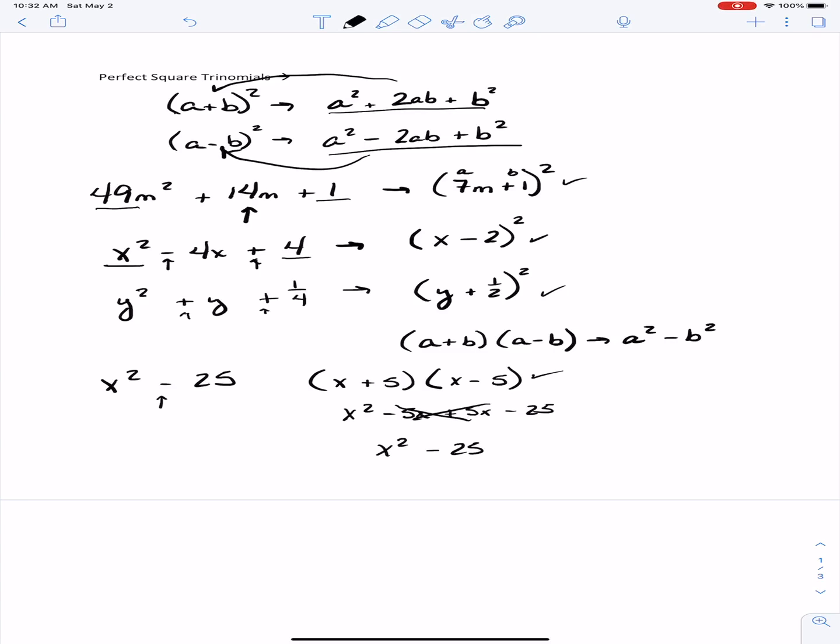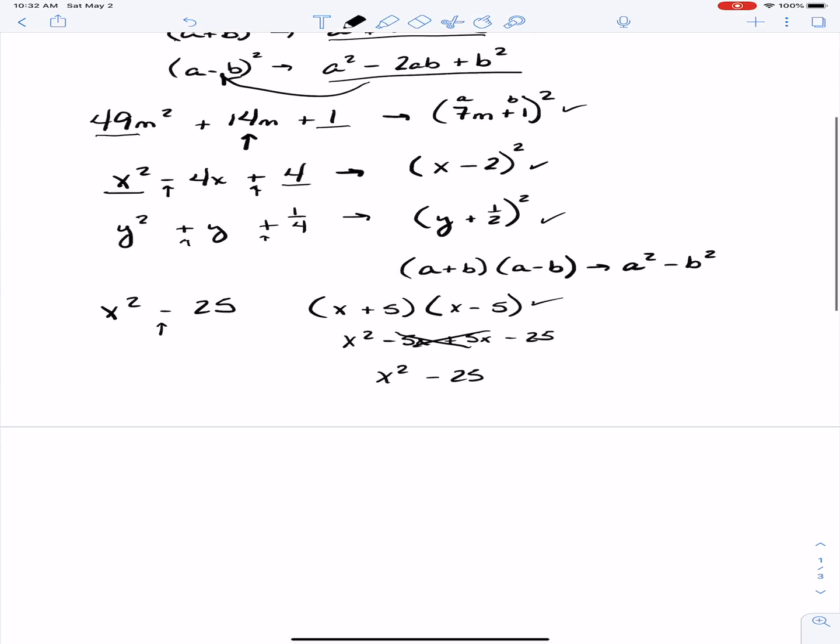Let's look at another one. 81c squared minus 4. Well, our first term, 81, is a perfect square. Our 4, our last term, is also a perfect square. What is the square root of 81?